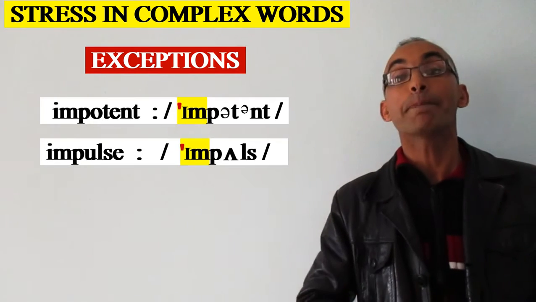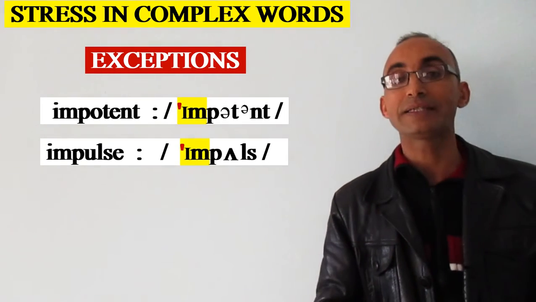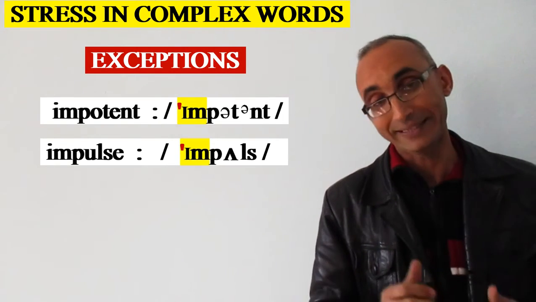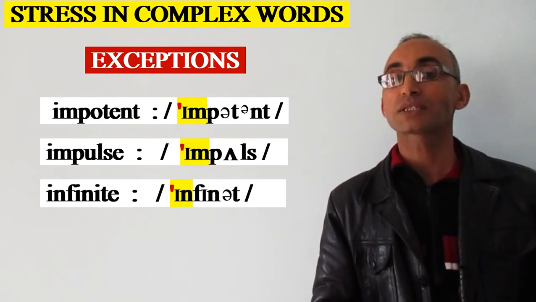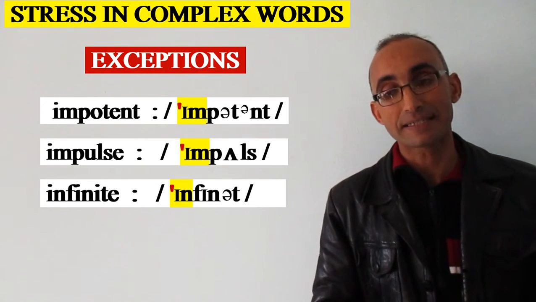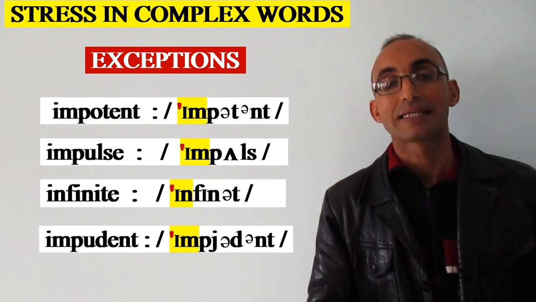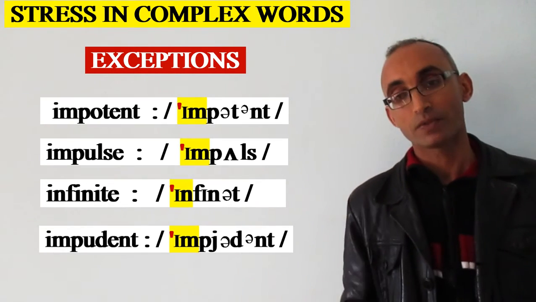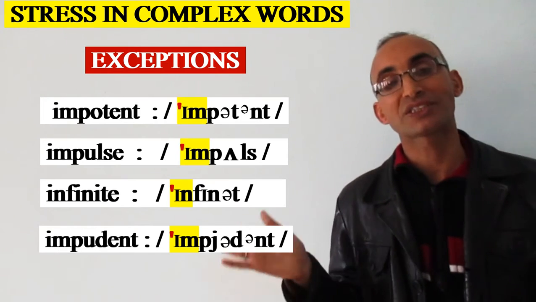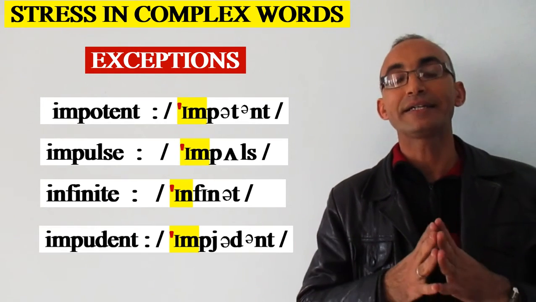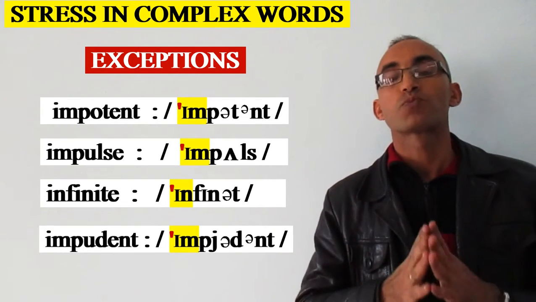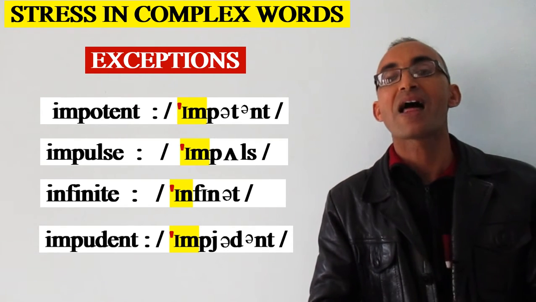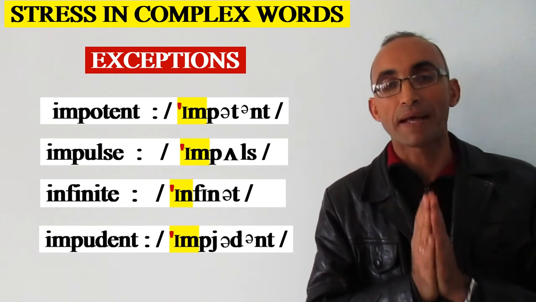Impulse. Also here, the prefix im is stressed. It receives primary stress. Also infinite, in is stressed. And also impudent, im here also is stressed. So these are exceptions to this common rule, which says that usually in English complex words, prefixes are neutral. They don't receive any primary stress, and they don't cause any shift of stress.